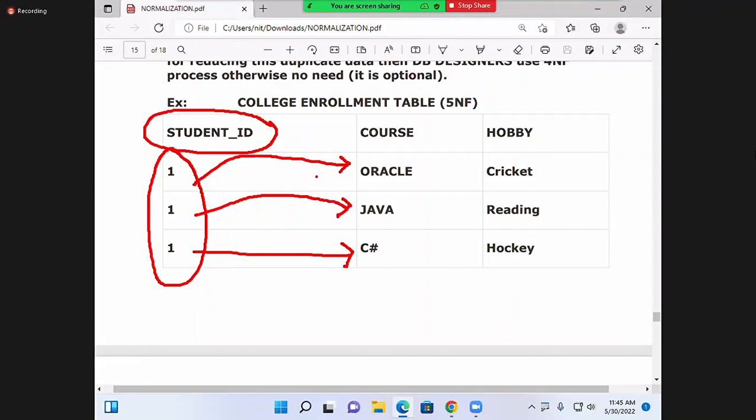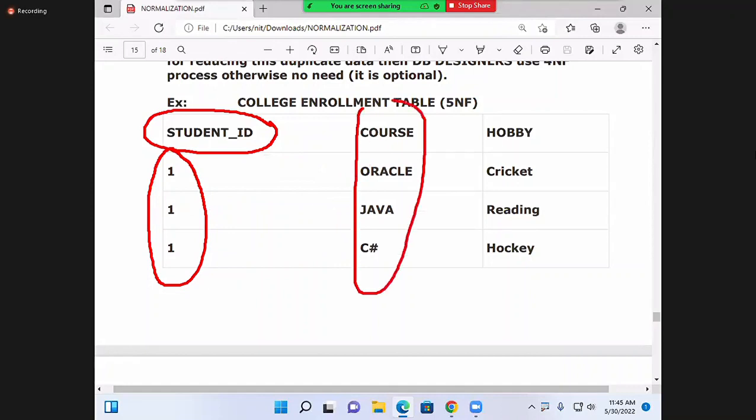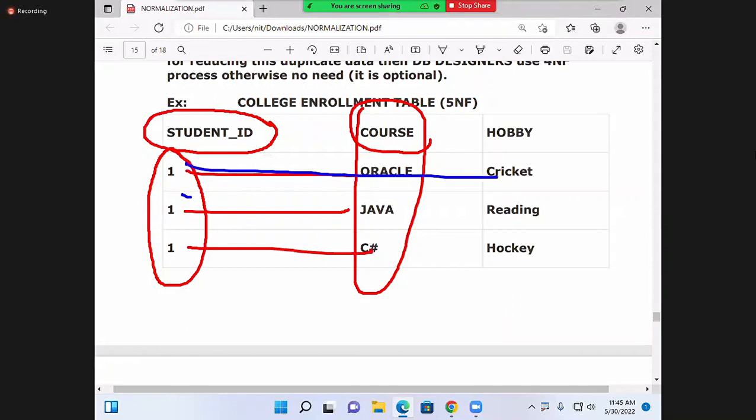So, one Oracle, one Java, one C#. Similarly, one cricket, one reading, one hockey.